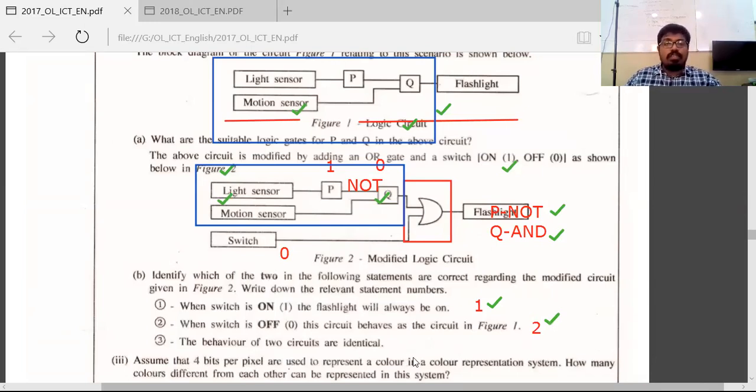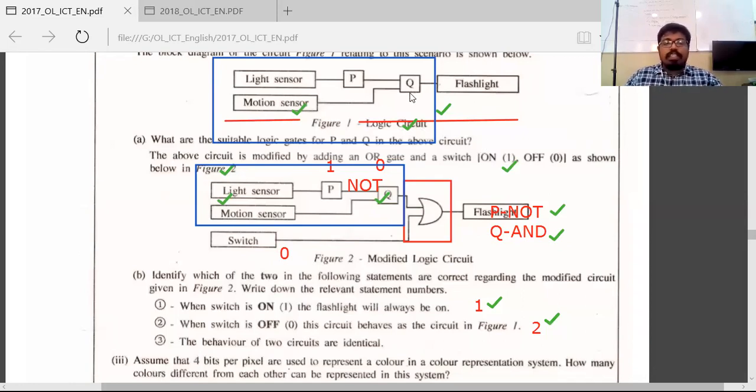The behavior of the two circuits is identical. That is wrong. Why? Here, this is the switch. When the switch is on, the light will always be on. But here there is no switch. The flashlight will depend on both the light sensor and the motion sensor because Q is an AND gate.